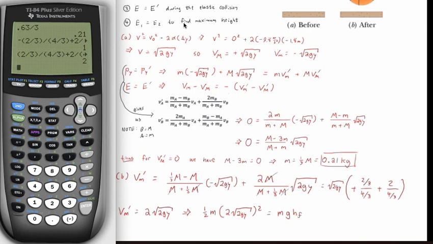So we'll have some more cancellation here. Little m's going to cancel out. It was necessary to find that it was 1/3 of M. It only works if it was 1/3 of M. But it's going to cancel out for energy.